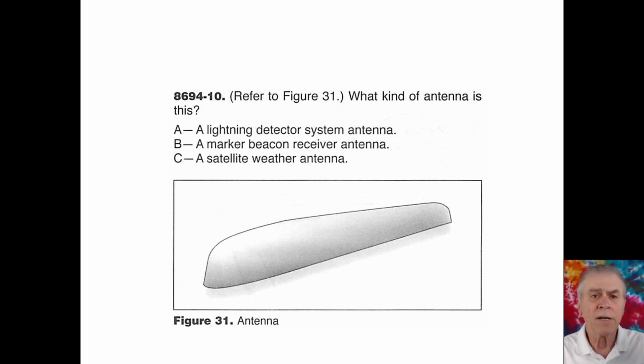Lightning detector, no, that one has some holes in it. A satellite weather, that's the round one. Usually it moves on a gyroscopic type control, and no, this is just a very simple horizontally polarized marker beacon receiver antenna. B.